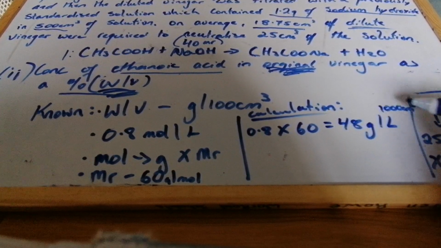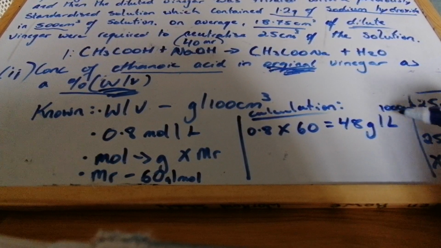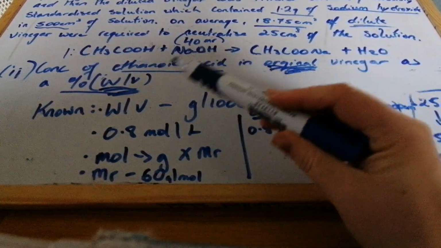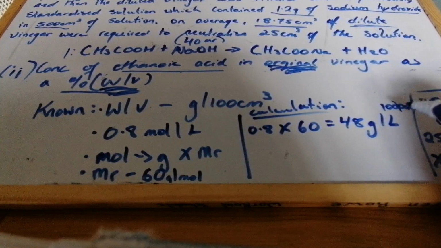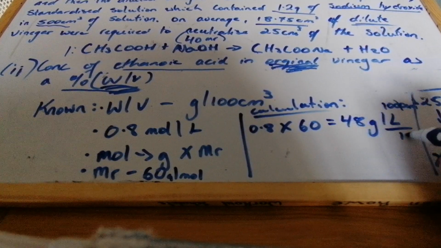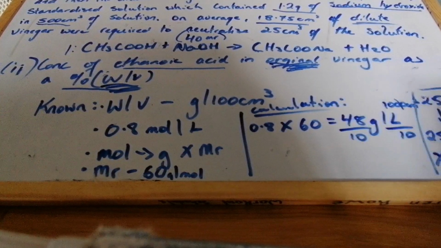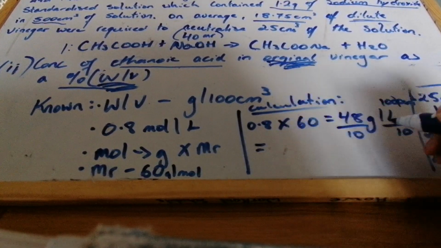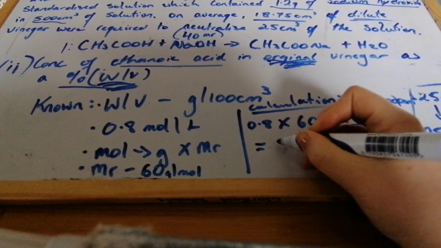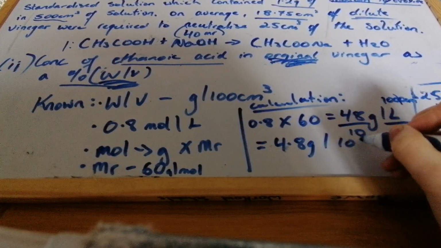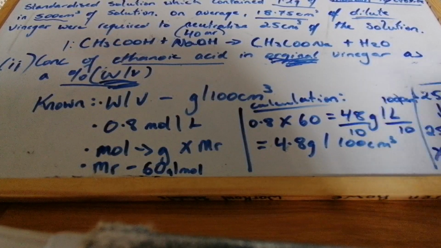I don't want this in 1000 centimetres cubed, I want it in 100 centimetres cubed for my weight per volume. So what do I have to do to this side? I divide by 10. If I divide that side by 10, I must do the same here. So I divide my 48 by 10, which gives me 4.8 grams per 100 centimetres cubed.